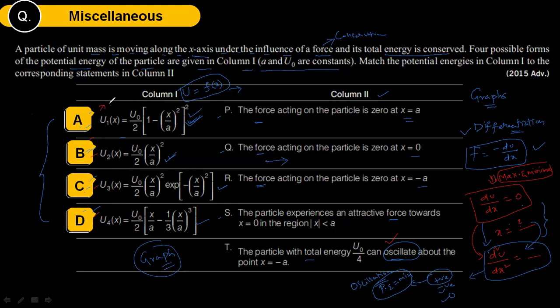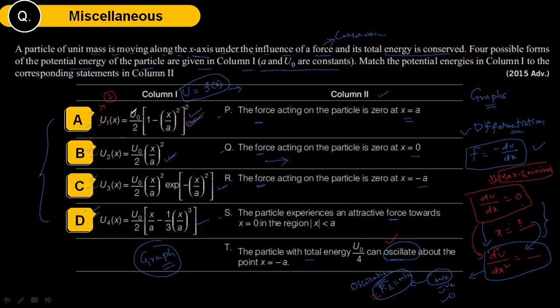A double well type curve will have two minima as well as one maxima. If you are able to identify the nature of the graph, you can conclude easily: two minima and one maxima. If it satisfies this condition, you can confidently say that A is the case where oscillation is possible.